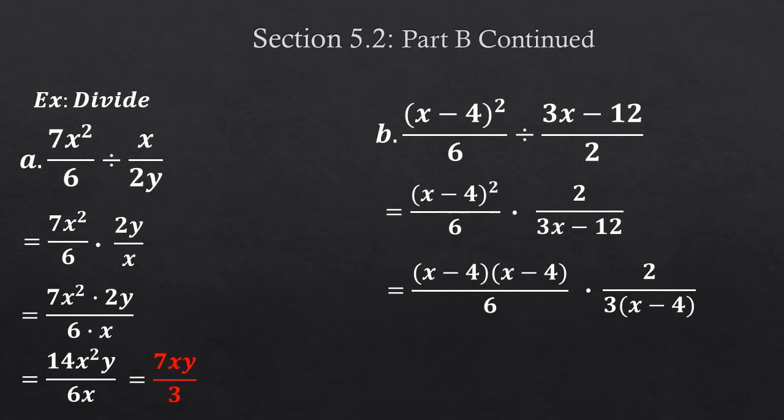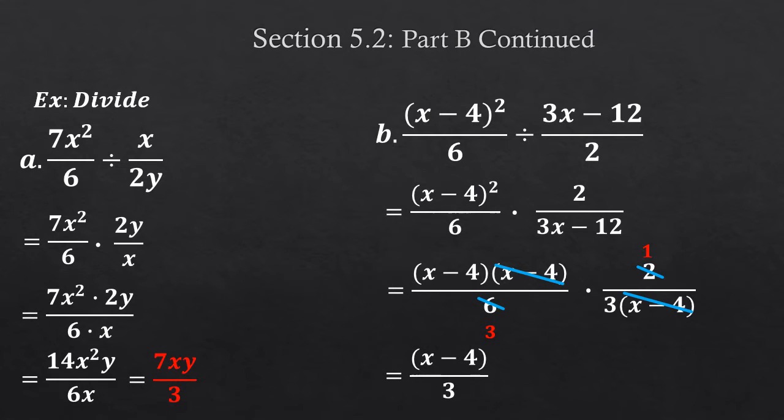Now, if you notice, the denominator of the second fraction has a GCF of 3 in common. So if you take that out, you're left with x minus 4, which if you notice, there's some simplification that can be done here. So the x minus 4s cancel out, at least one set of them. We can also do a little method called cross reduction, because I noticed that 2 can go into itself once, but can go into 6 3 times.